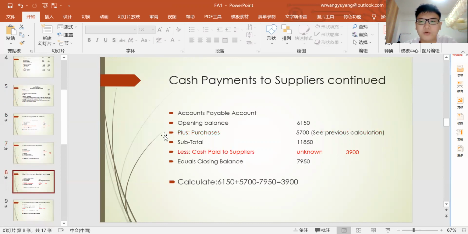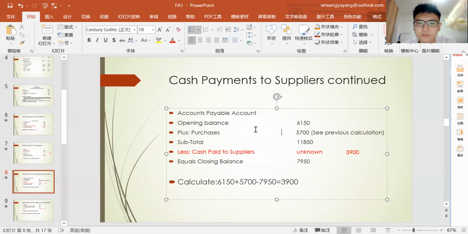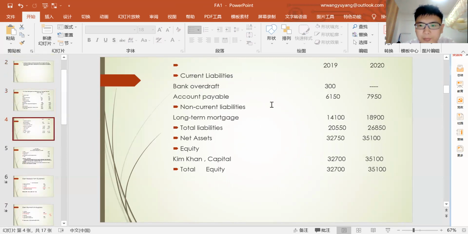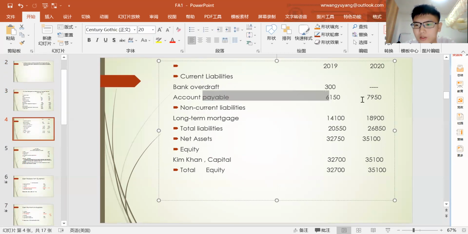The next step is to calculate cash payment to suppliers, continued. The purchases we calculated is 5700. So we should calculate the accounts payable account. The accounts payable opening balance is 6150, and the closing balance is 7950.